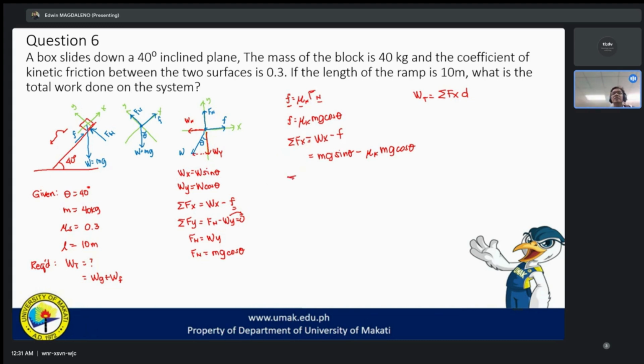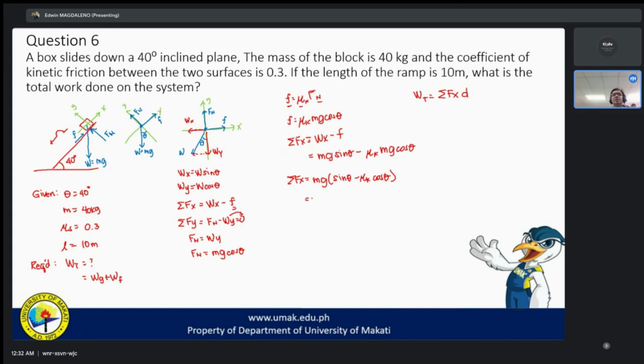Masosolve natin. Summation of forces along the x should be equal to, factoring out mg, mg times sine of theta minus mu k cosine of theta. Okay, so going back, we can now solve for it.